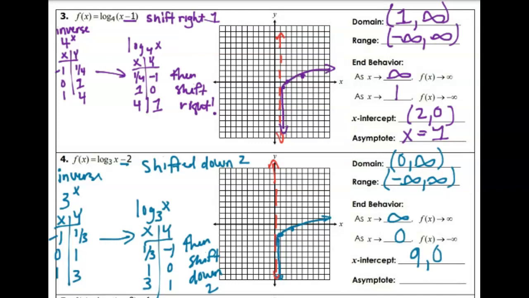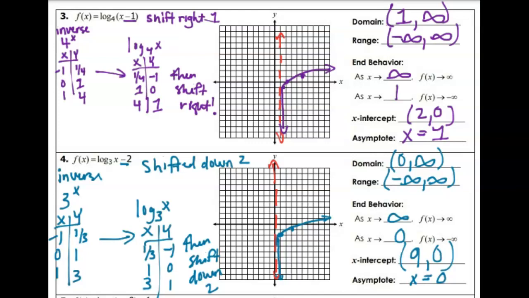This one you could look up on Desmos to see where it crosses the x-axis. You'd have to extend your table a little bit if you were doing it by hand. But it does end up crossing at (9, 0). And as I said, the vertical asymptote doesn't change from the parent graph. It is x equals 0.